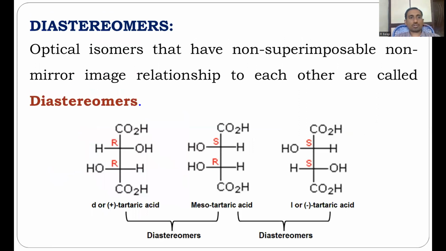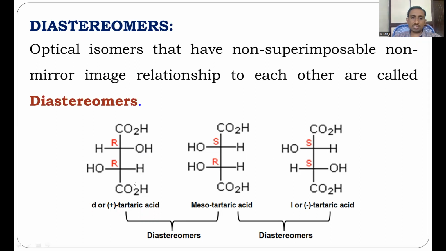Now coming to diastereomers. Optical isomers having a non-superimposable as well as non-mirror image relationship to each other are called diastereomers. I will take the example of tartaric acid. Here, three possibilities: D-tartaric acid, L-tartaric acid, and meso-tartaric acid.